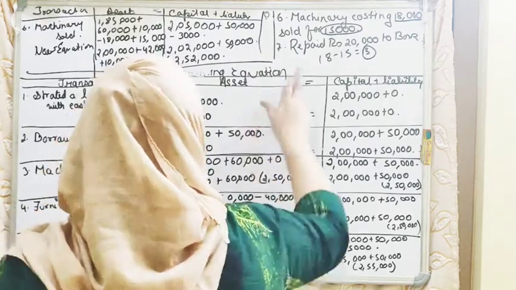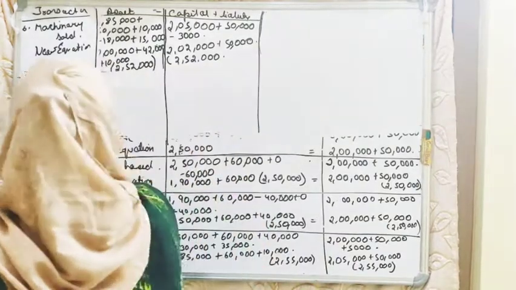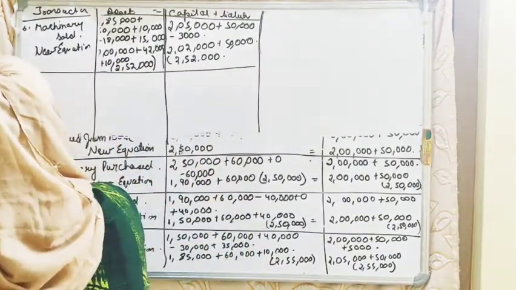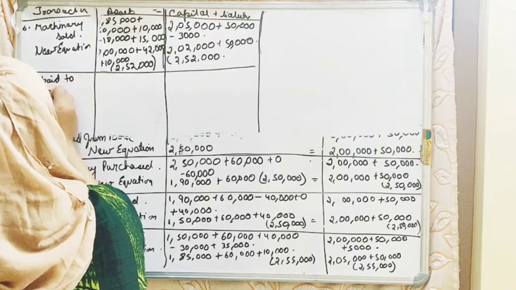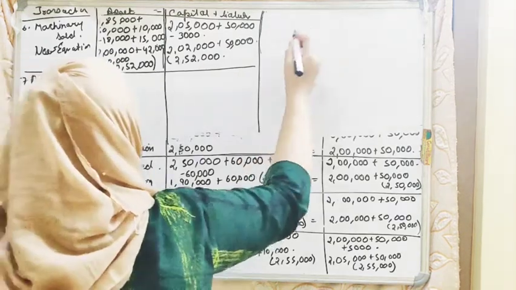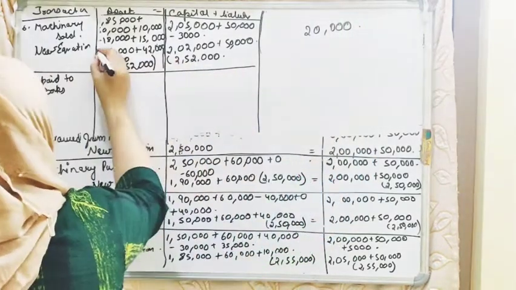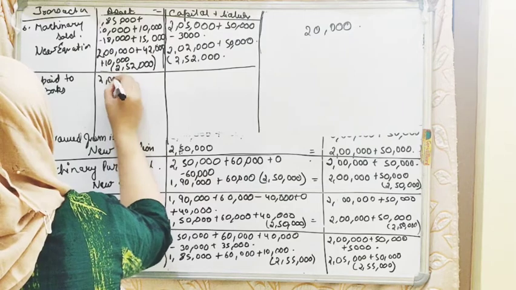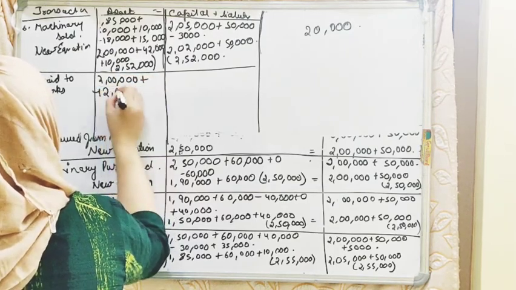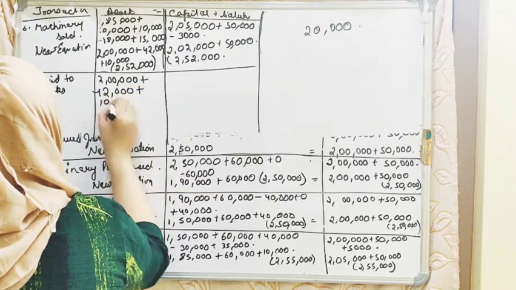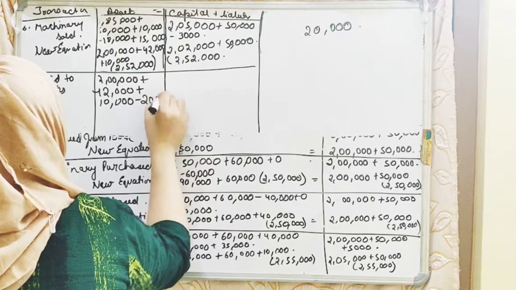Let us solve the last part, that is repaid rupees 20,000 to bank. So we will write the equation. 7th one, repaid to bank. It was cash rupees 20,000. 20,000 rupees was repaid to bank. So we will write here 2 lakh plus 42,000 plus 10,000 minus 20,000.